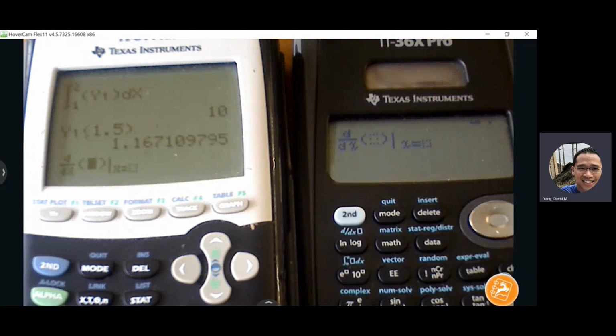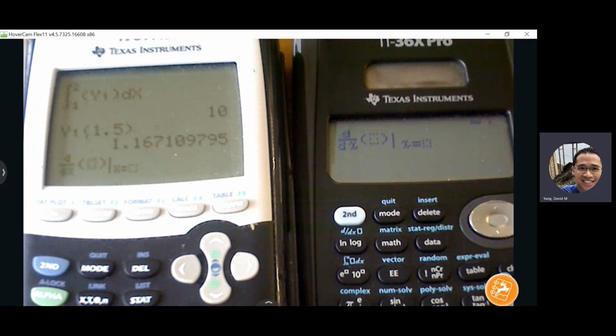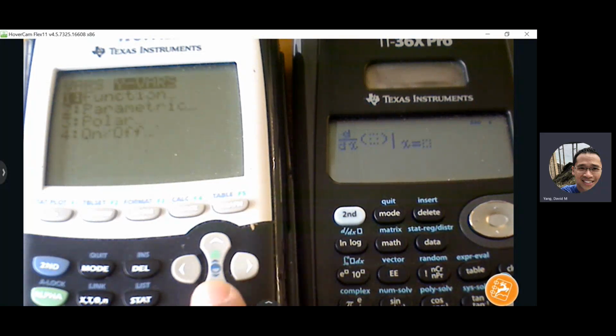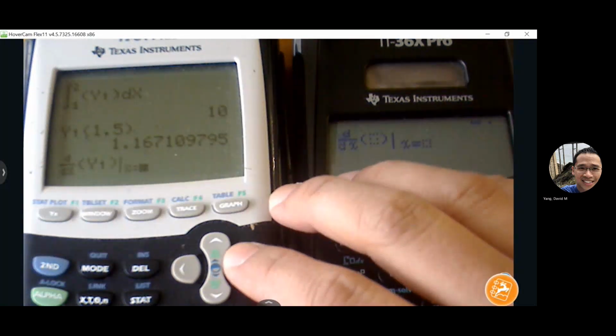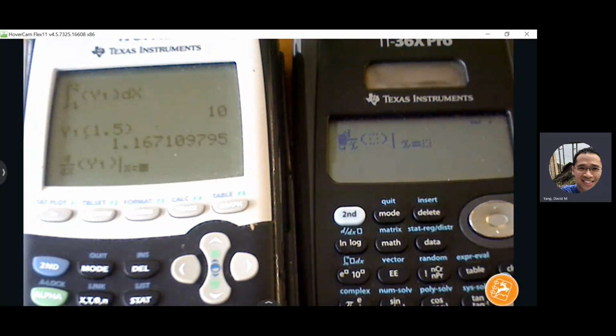Again, I already have my velocity stored in y1. You can keep entering in x sine x squared if you like, but if I know I'm going to be using the same function over and over again, it's a little bit faster to just have it stored. So I know y1 is my velocity.